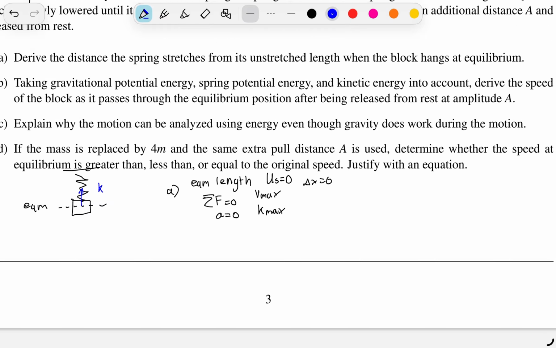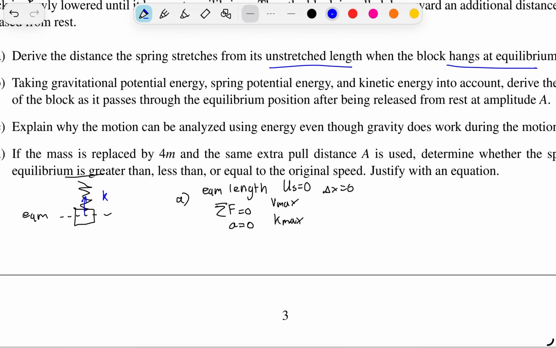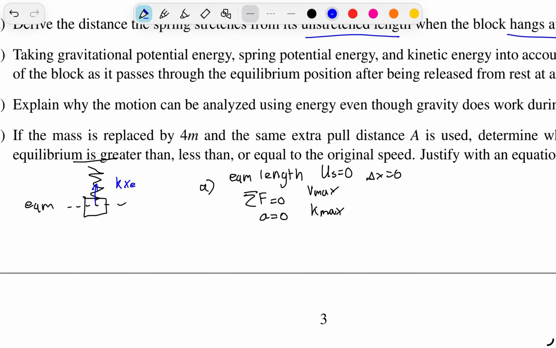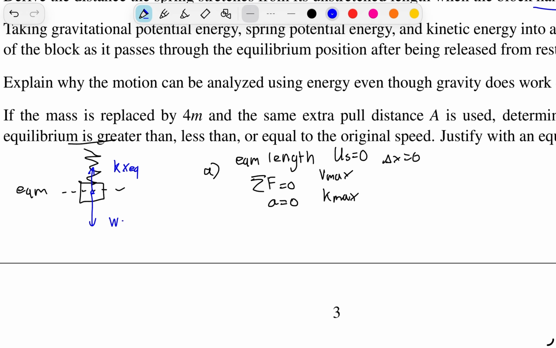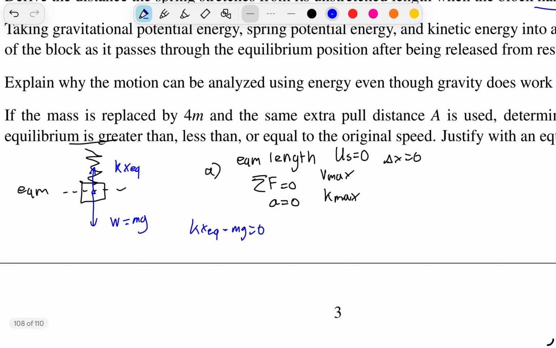If you stretch it, it's at equilibrium, so you have k x_eq, and you have your weight force that is going to be down. So k x_eq minus mg is equal to 0. That's equal to mg, so x_eq is equal to mg over k.